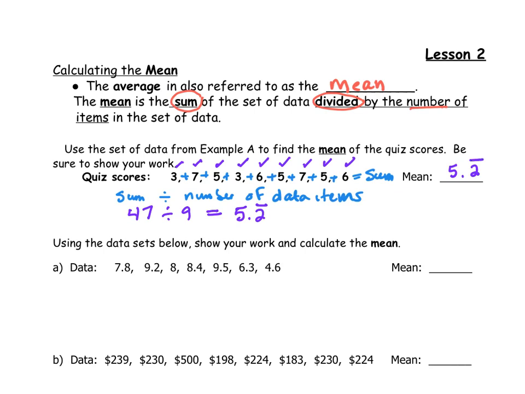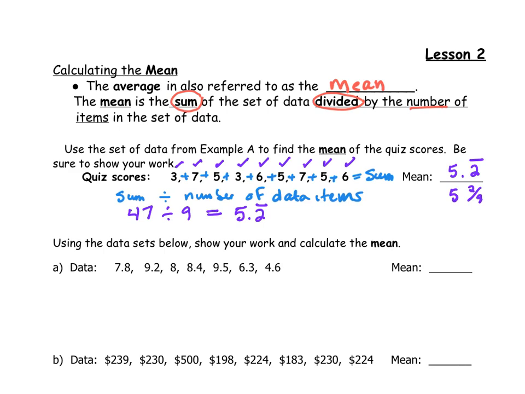And if you have a scientific calculator and you wanted to know what that would be in fraction form, you would press second, PRB, which would convert this, and then enter, convert it to 5 2/9. So that is the mean of this set of data. That would be the average.